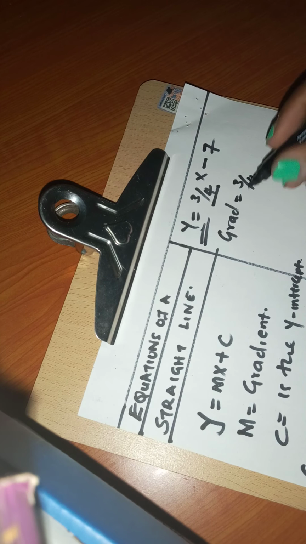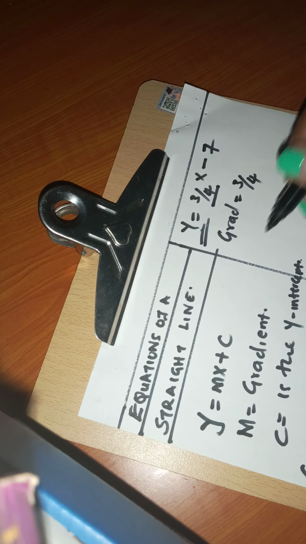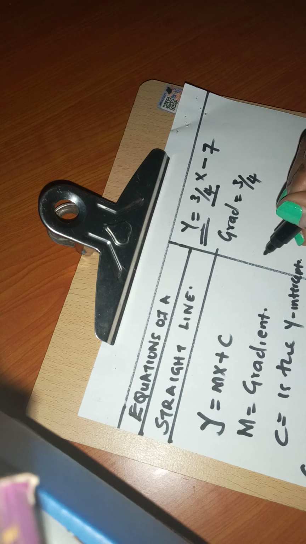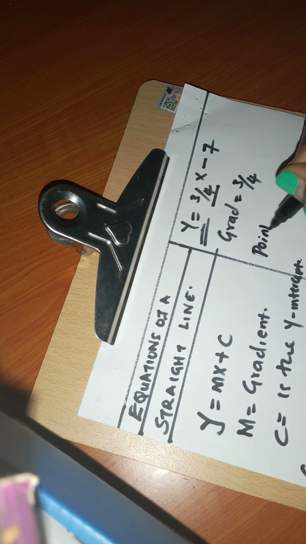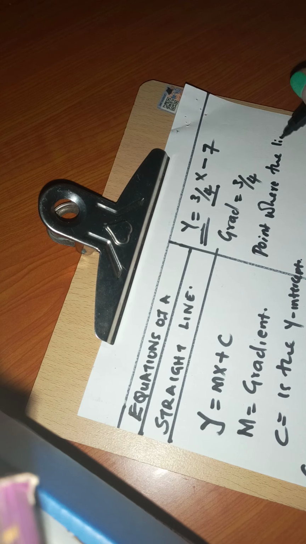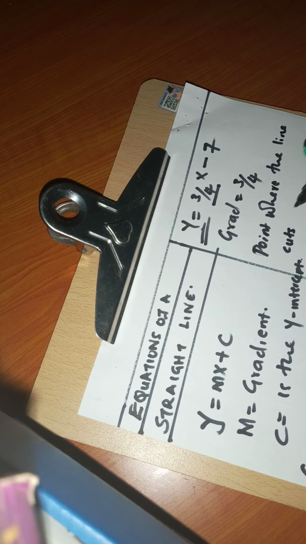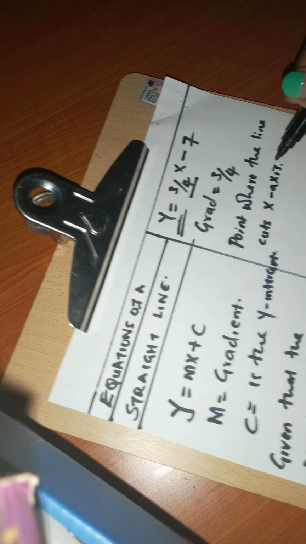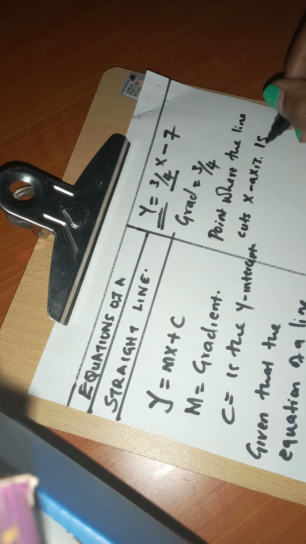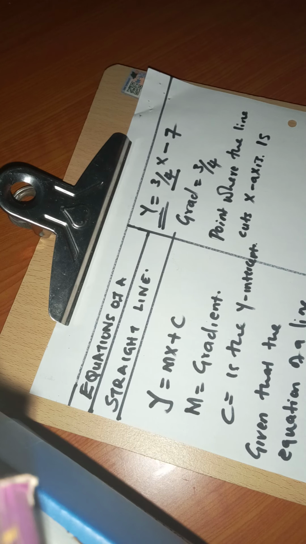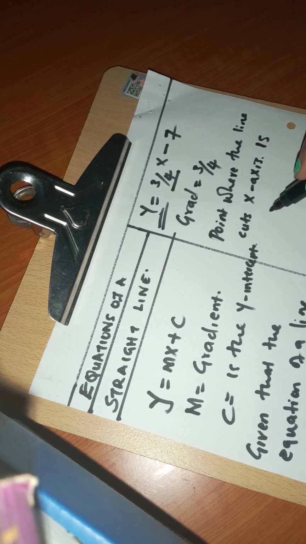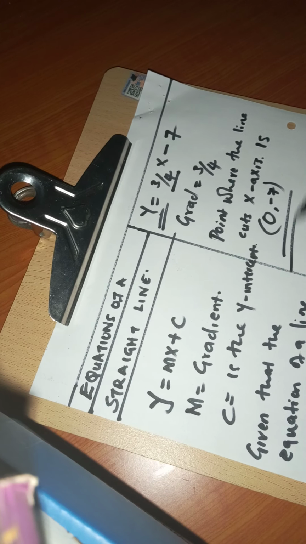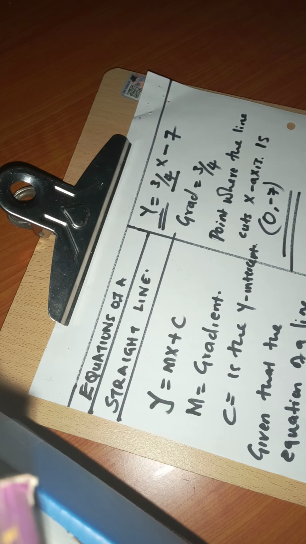And the point where the line cuts the y-axis is simply and very simply (0, negative 7). As simple as that. Please let us understand that.